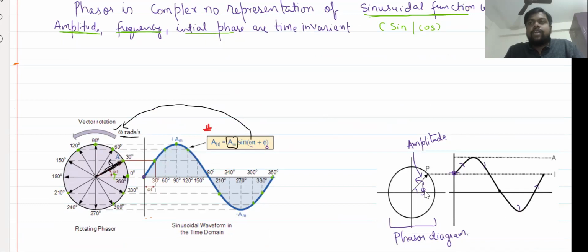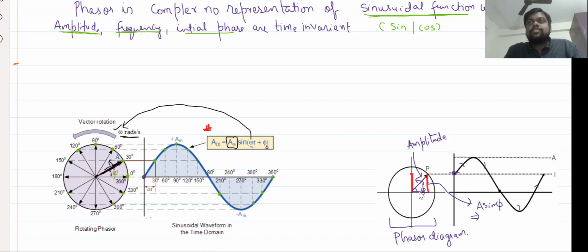If this is phi, then this line is the same as this line. And what is the value of this red line from this triangle? When you find out the value of this red line from this triangle, you will get A sine phi, and phi is the phase.